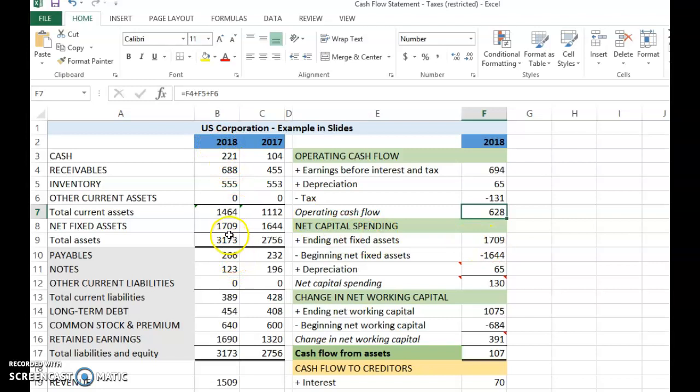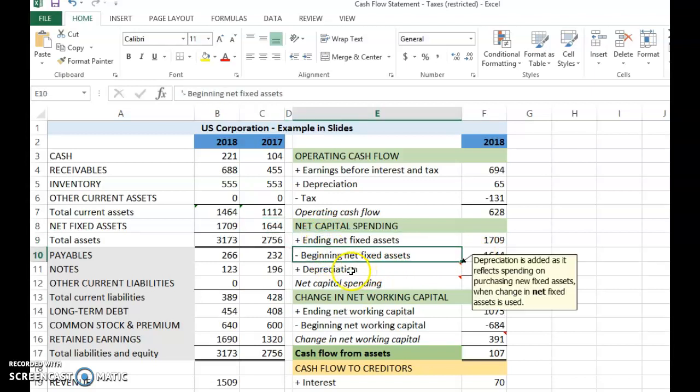You can take it from here, net fixed assets 1709, minus the NFA at time 0, the previous year, 1644. These are from the balance sheet, while these other elements are from the income statement. Remember, this is positive, and this is minus.